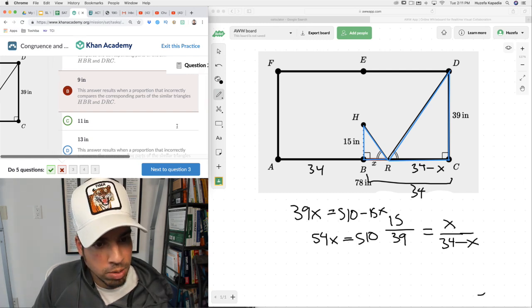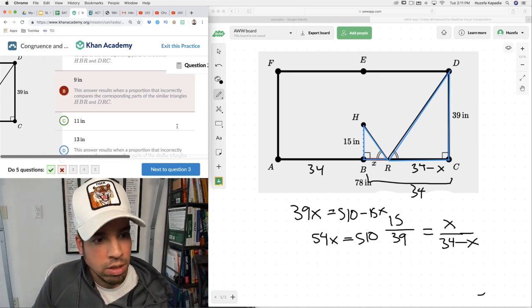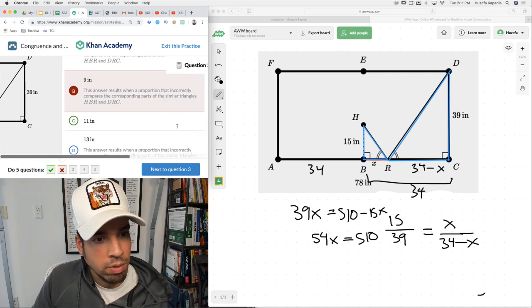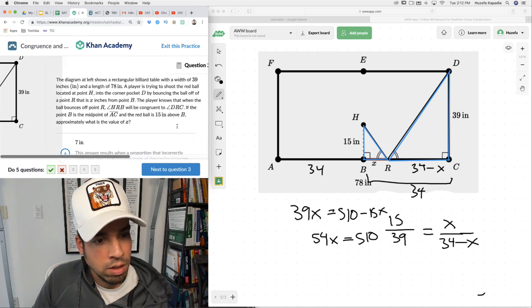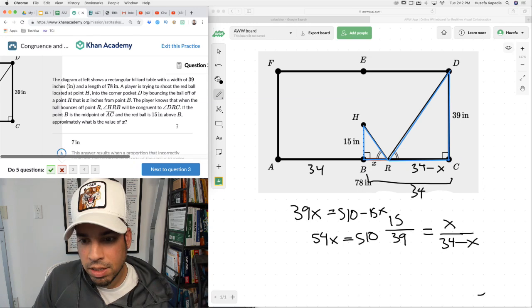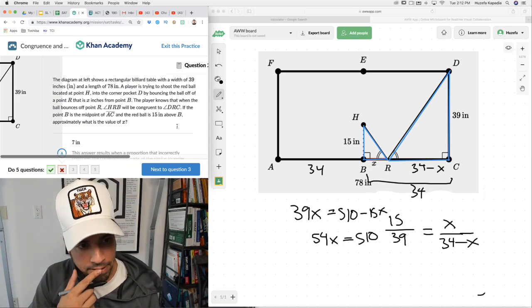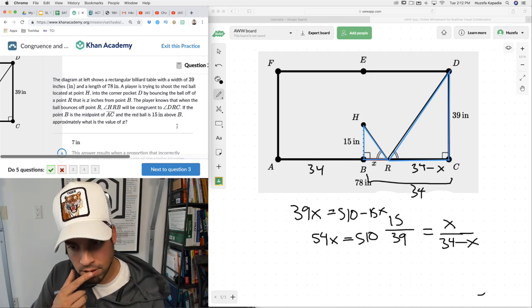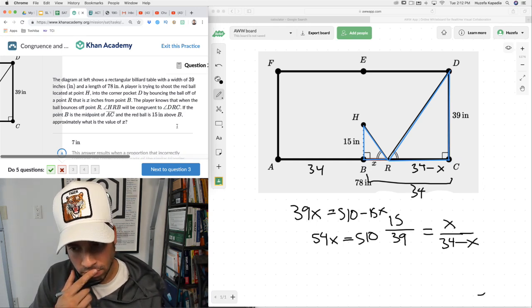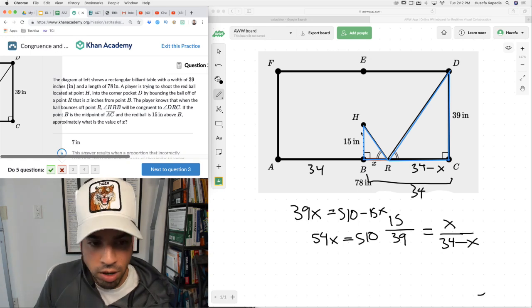Incorrectly compares the corresponding parts of similar triangles H, B, R, and H, R, B, D, R, C. So are they saying that this is okay? I really don't know.